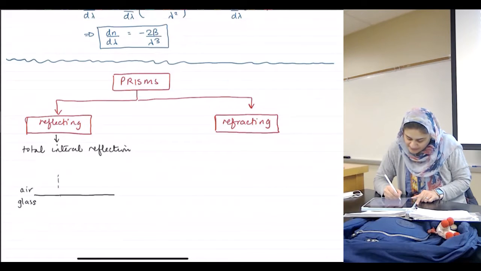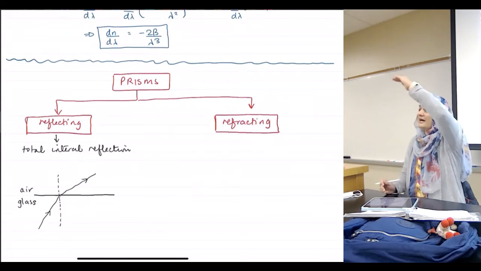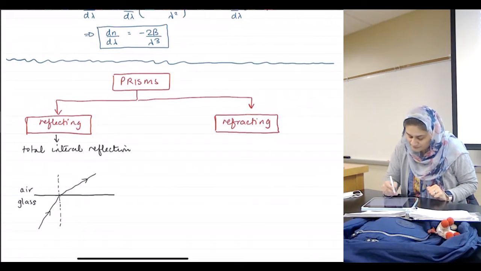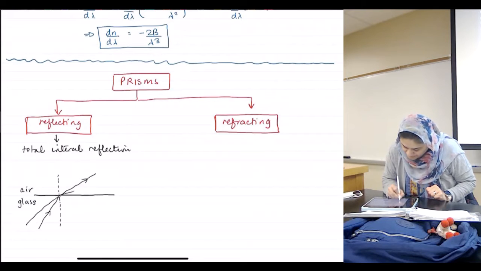So let's say this is the normal to the surface. This light is coming in here and it's glass, so it'll bend away. It will refract out. And then if you have another one coming in here, it will refract out even more.